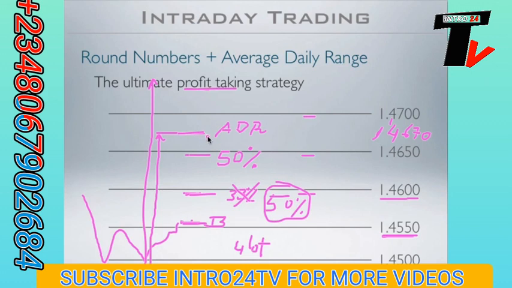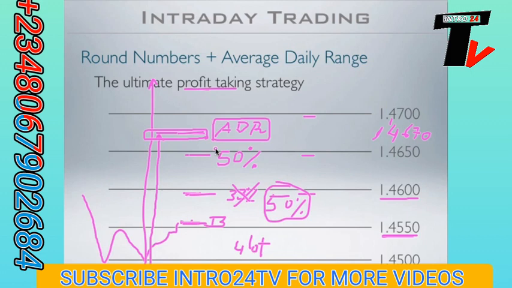You don't want to stretch your targets all the way until the very average daily range itself, just in case today we fell shy a few pips from the actual average daily range. Please mind that the average daily range, as already established in a previous video, basically pinpoints exhaustion levels from a statistical point of view. So you don't really want to stretch your final target all the way to the exhaustion point, right to the pip.